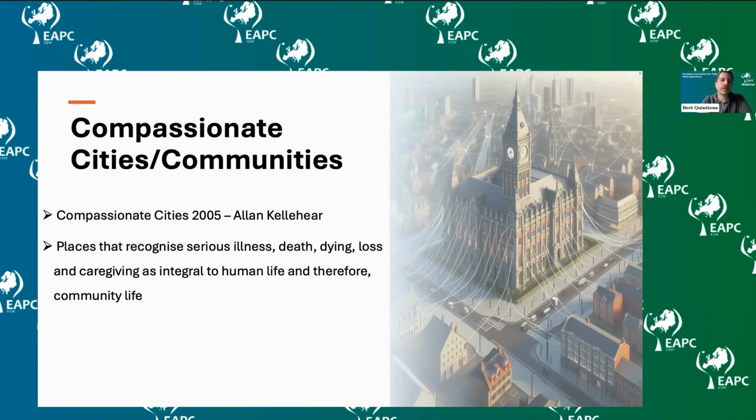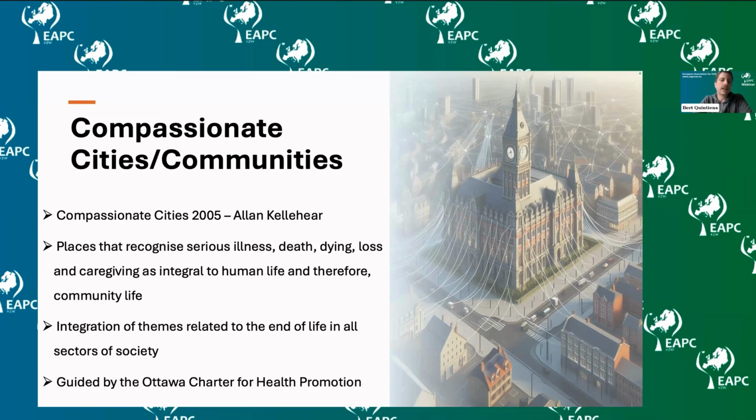Compassionate schools are one of those areas we target within actually any city or community. As I mentioned, there is no sector that we should skip. It happens everywhere. And it's guided, just for background information, by the Ottawa Charter for Health Promotion, which stimulates people to take control of their own health and also health at the end of life.